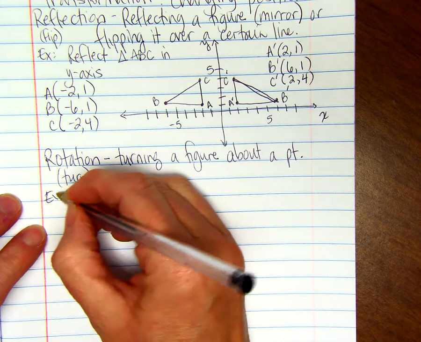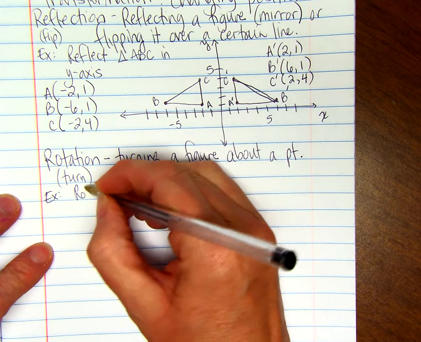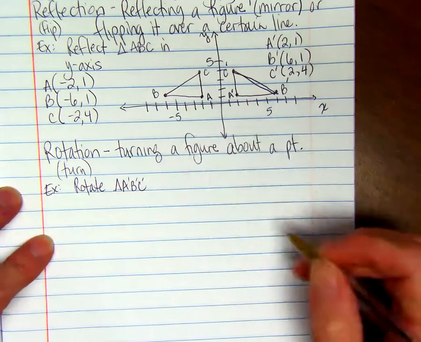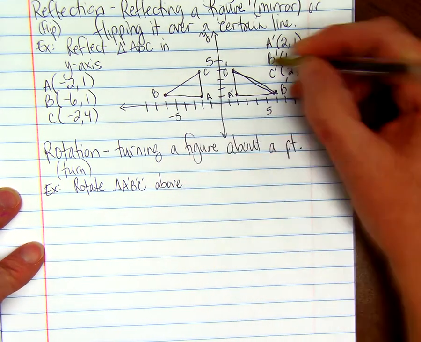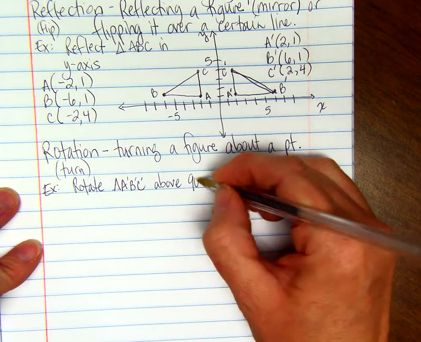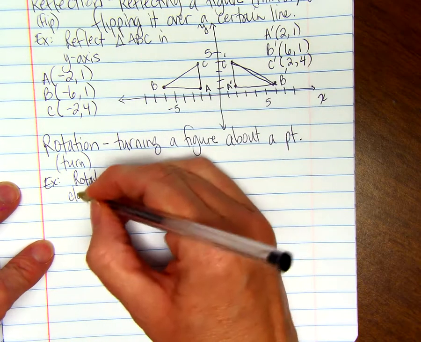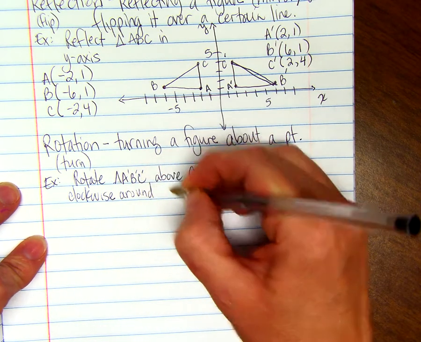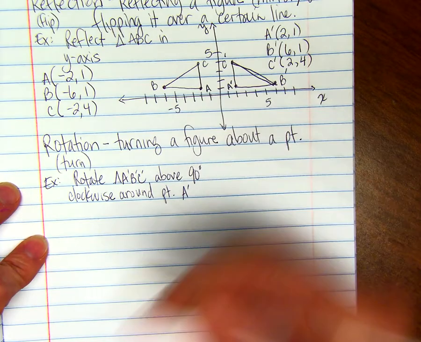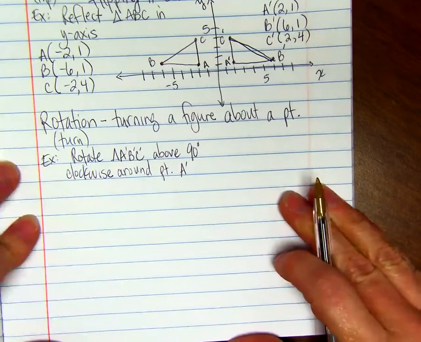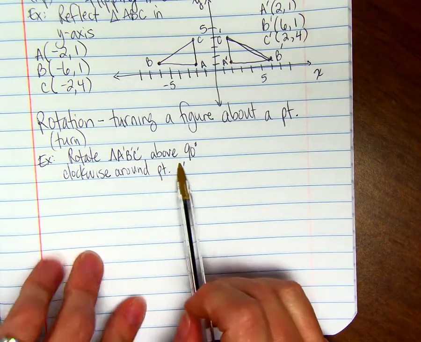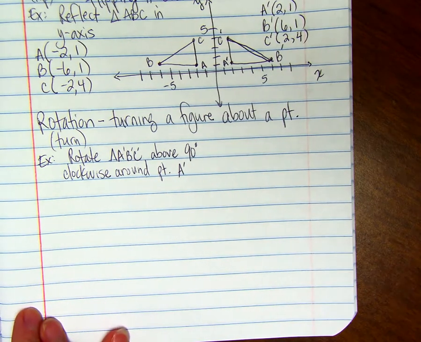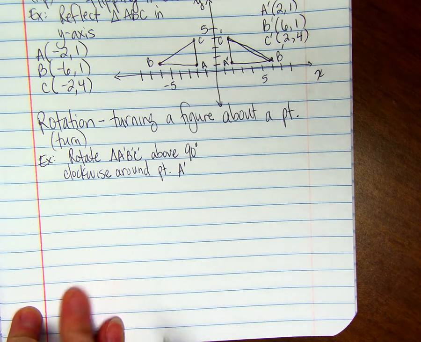So for example, we're going to rotate triangle A prime, B prime, C prime above, so the one we just drew up here, 90 degrees clockwise around point A prime. If it just says to rotate and gives the degrees but doesn't say clockwise, it always means counterclockwise, always.